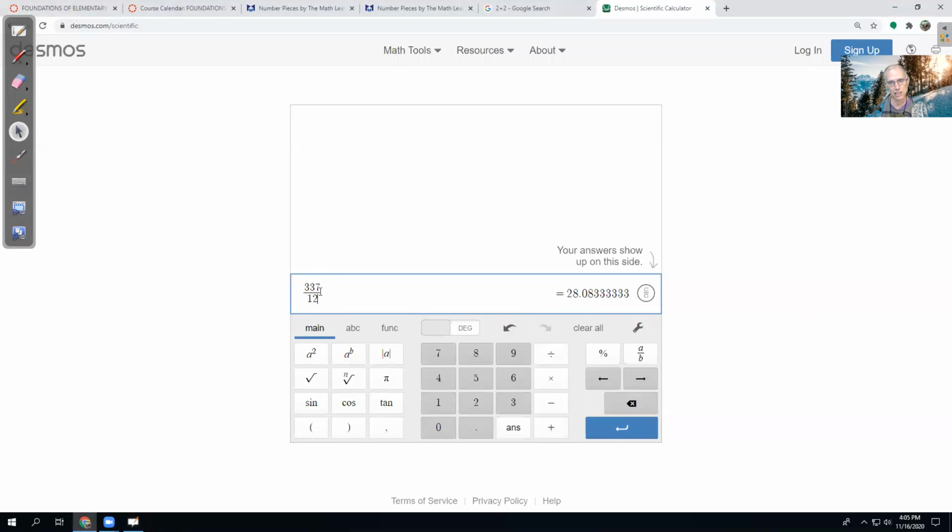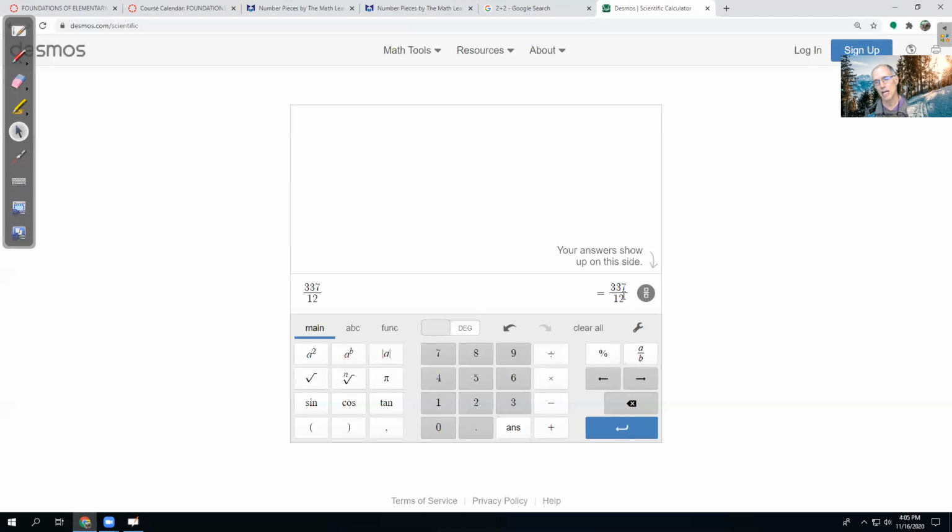Notice it stacked it, even though it shows me that funky division symbol there. I could convert to a fraction, but it turns it into an improper fraction as opposed to a mixed number, which is usually what we're looking for with the quotient remainder thing.